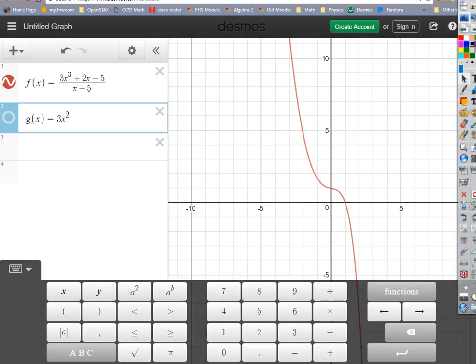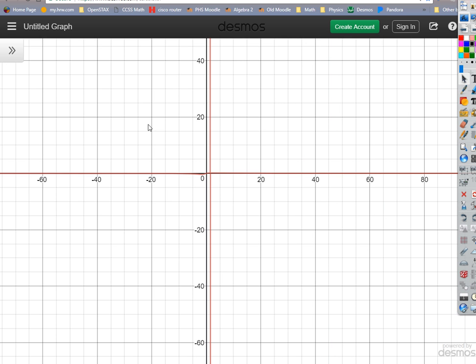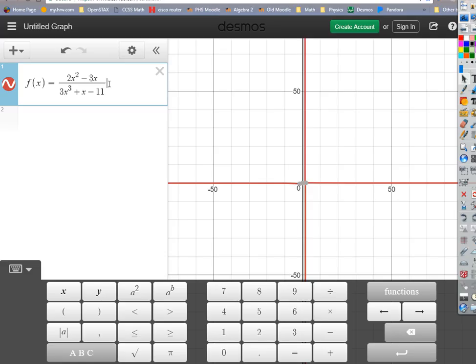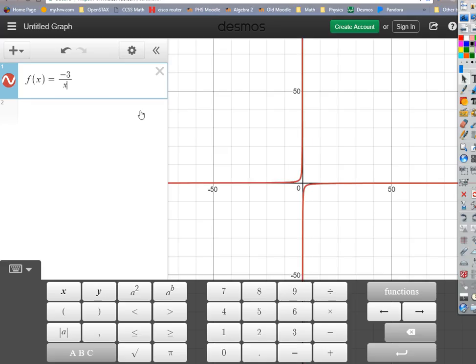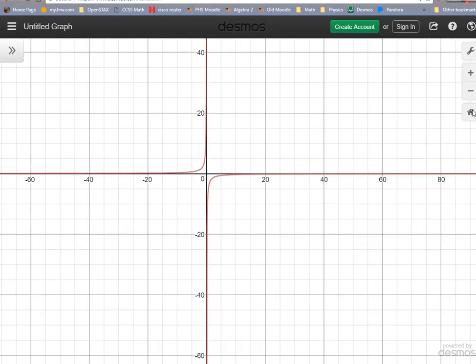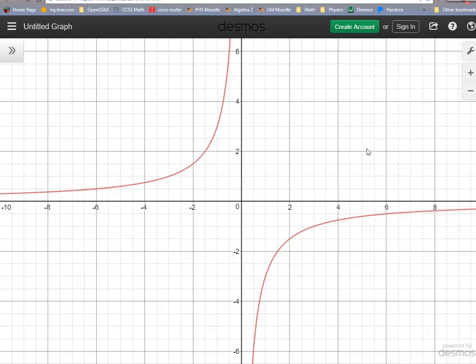If I take negative 3 over x, and let's zoom in, so there's negative 3 over x.